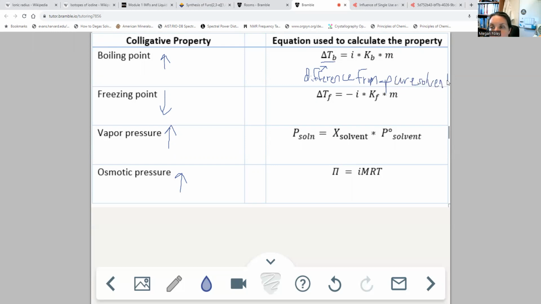That's going to be true for this one and this one. So that delta T is the difference in the boiling point or the difference in the freezing point from that pure solvent. This I is called the van 't Hoff factor.